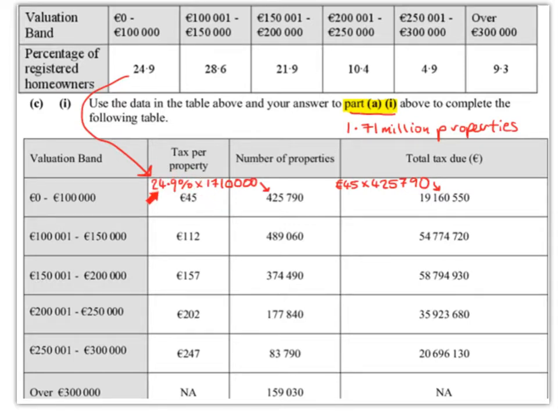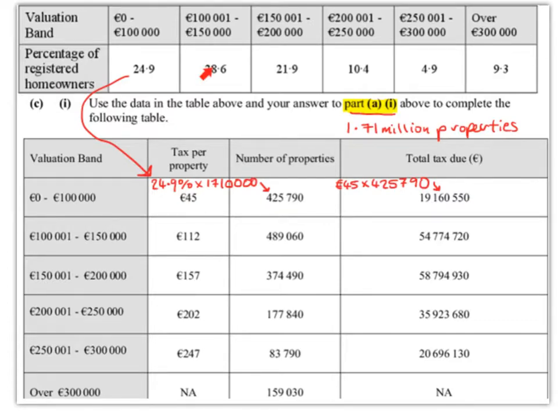So 24.9% multiplied by that gives us 425,790. And then multiplying the €45 by the number of properties. So the tax per property is €45 if you're in this band, 0 to €100,000. So €45 multiplied by the number of properties, 425,790, gives us 19,160,550. So this is in euro, and this is the total tax due. So we do the same to work out all the other missing parts.